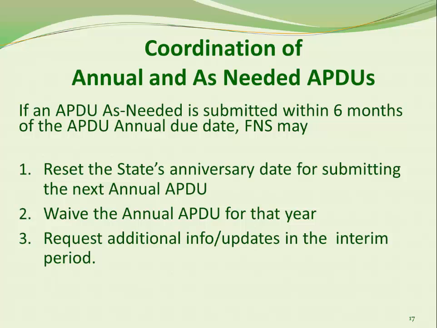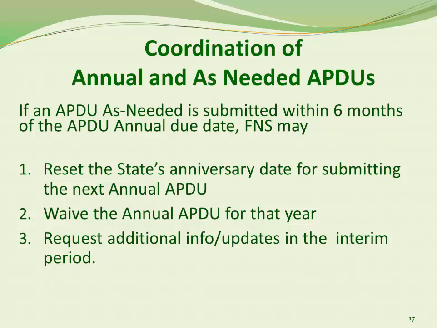To maintain consistency with other federal agencies and lessen the state reporting burden, FNS may waive the submission of another annual APDU for up to 18 months. FNS may waive the requirement for a state to submit its annual APDU when it has submitted an APDU as needed within 6 months of the APDU annual due date.